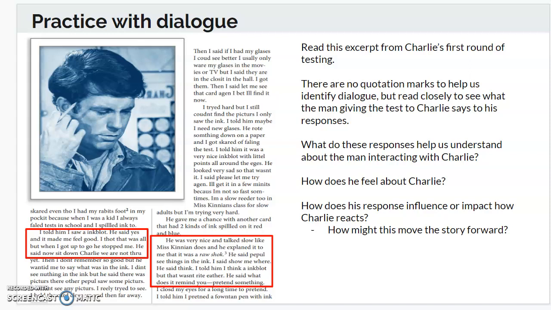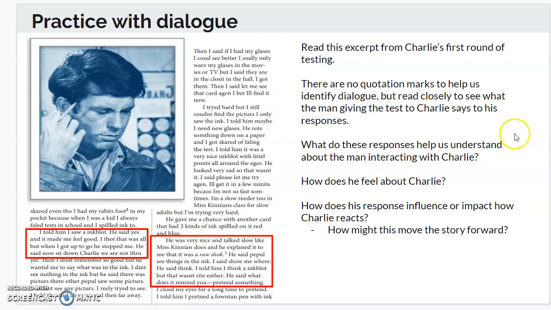But what I want to do is read a couple excerpts and pay close attention to what Charlie says and, with the man giving him this round of testing, what he says to Charlie, how Charlie reacts, and then how the man reacts to what Charlie says. So how they interact with each other, and think about what that tells us about that man.